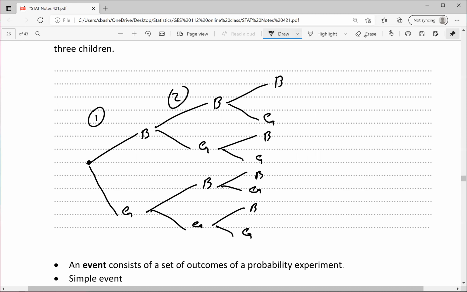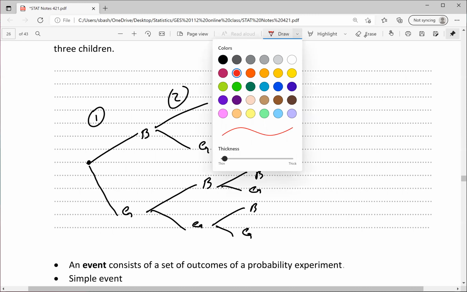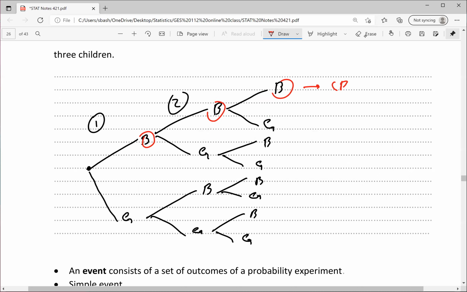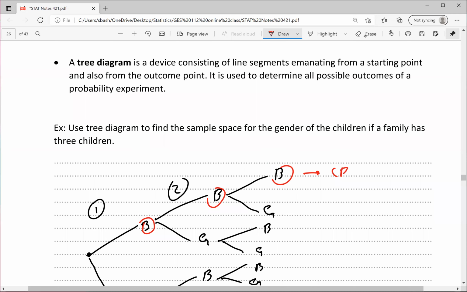Now I can write the combinations of these. The first one is boy, boy, boy. This is the first outcome. Second one, boy, boy and girl.